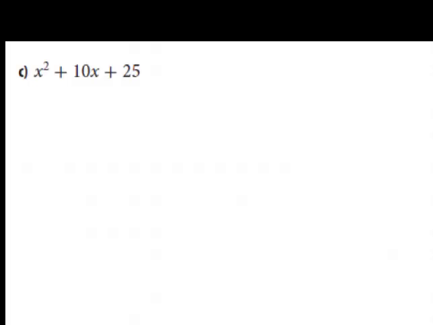The next question is x squared plus 10x plus 25. Again, there is no common factor. The leading coefficient is 1, so I can use sum and product. The pairs of numbers whose product is 25 are 1 and 25, and 5 and 5.